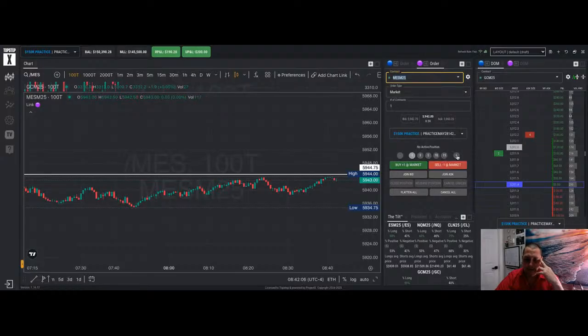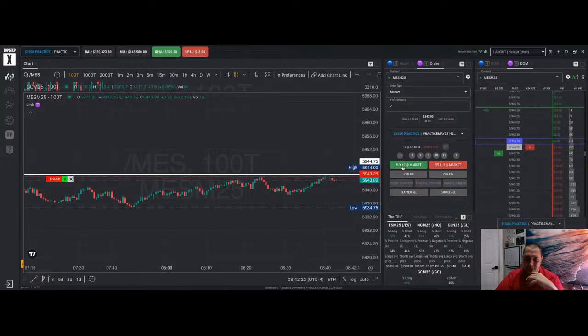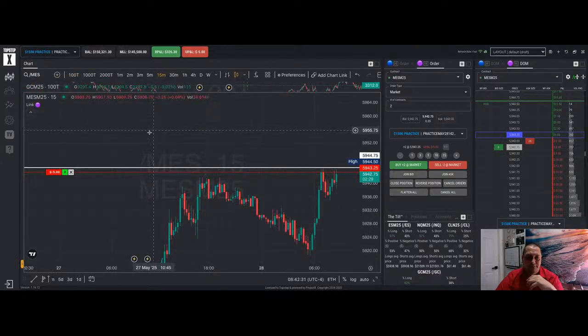and the volume indicator shows that it looks like it's the high of the day, going up towards the high of the day. So I'm going to just buy two. Jump into the market. I'll buy two real quick. I am on a 100 tick here, so I'm going to change this so you get a different scope.